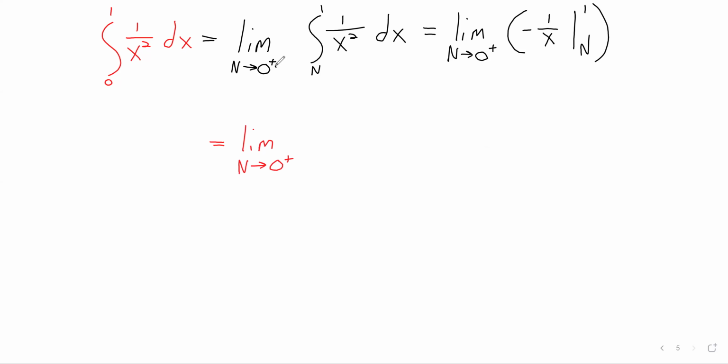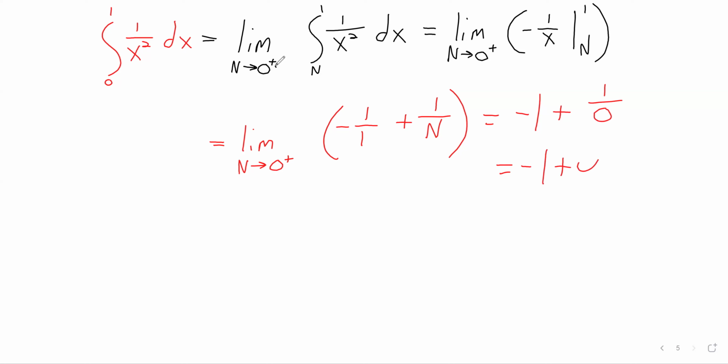We can divide by any non-zero number, so there's no problem with just sticking 1 in there and sticking n in there. And now, as I prophesized, this limit does not exist. Obviously, this is a pretty informal way of writing it, but as n is going to 0, that fraction is going to infinity.